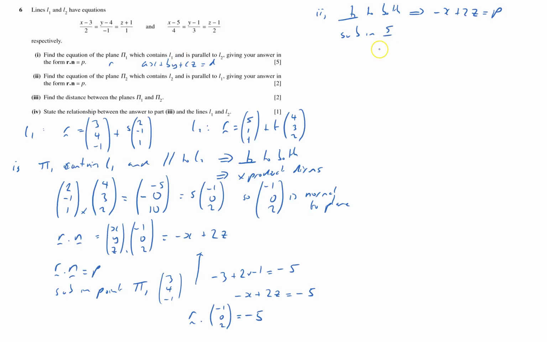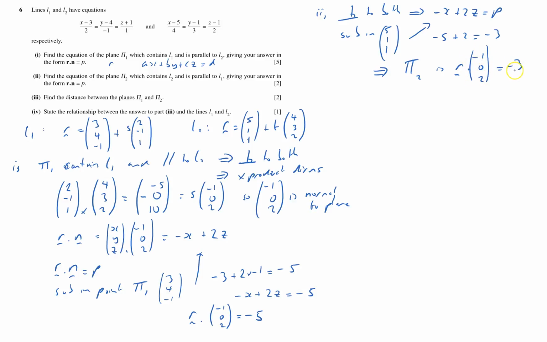So sub (5, 1, 1) into this, and that gives us -5 plus 2, and that equals -3. And so therefore pi2 is r dot (-1, 0, 2) equals -3.